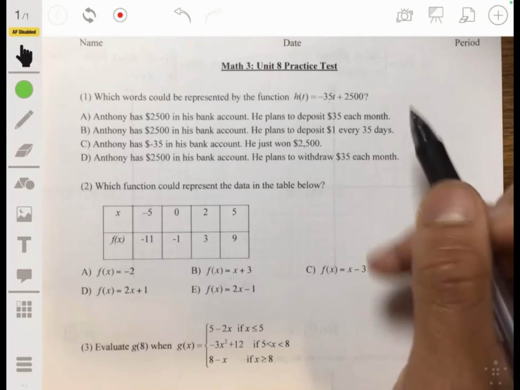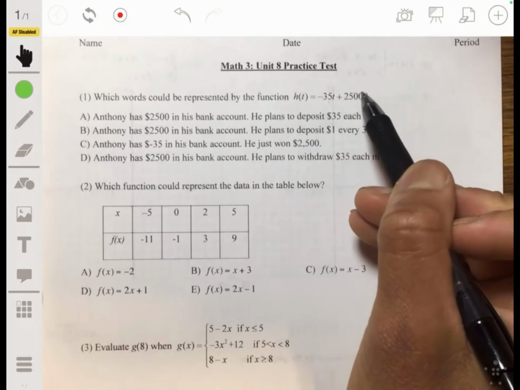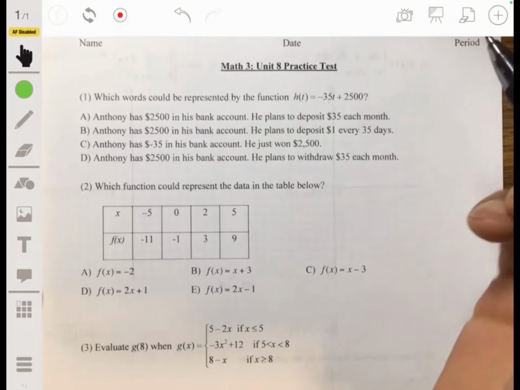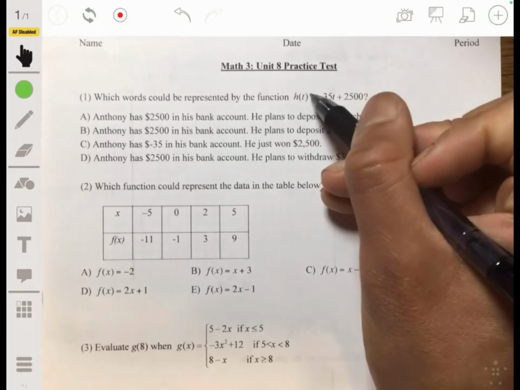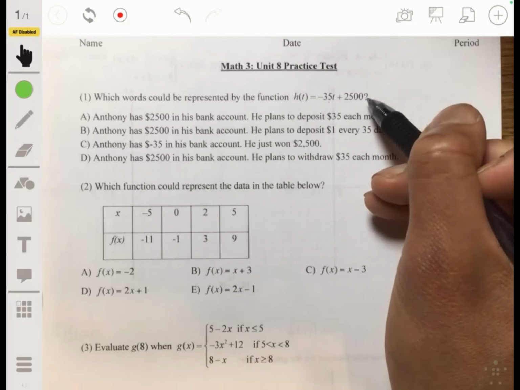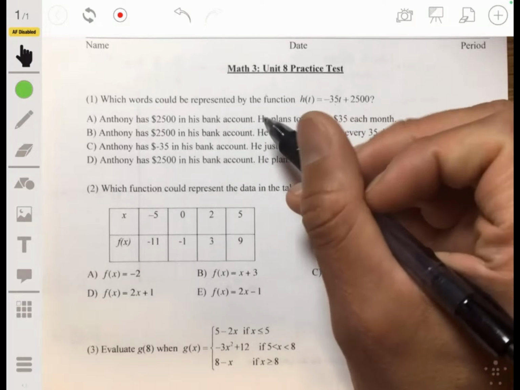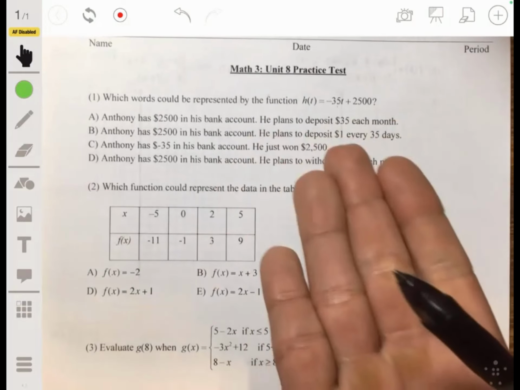All right, problem one, we're trying to figure out which of these answers could represent this function here. So this function, we have h of t is equal to negative 35t plus $2,500, assuming we're going to be dealing with money in every equation.